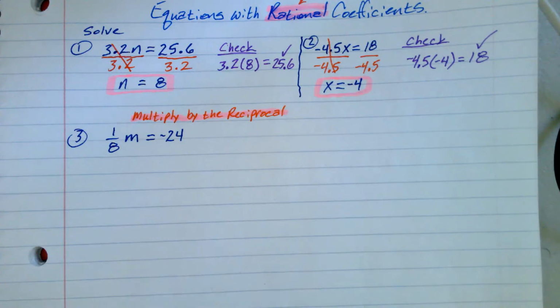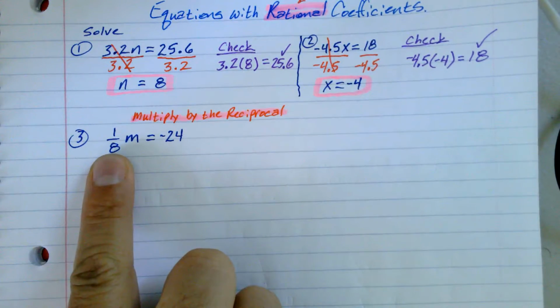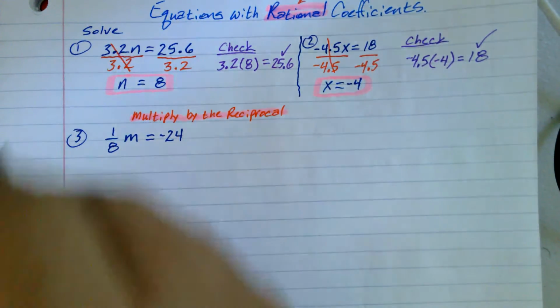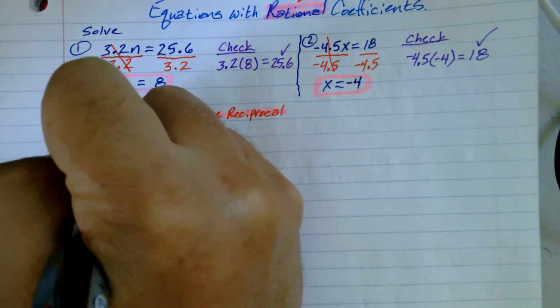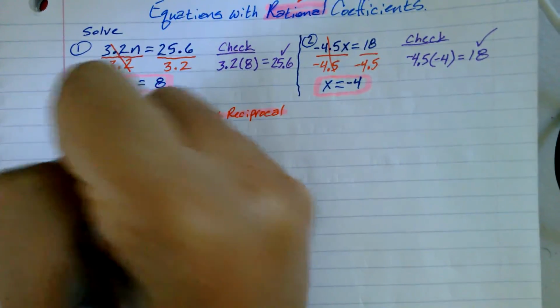Did anyone ever learn this technique? Multiply by the reciprocal? I did. Okay. Good. A few of you have. What is the reciprocal of 1/8? 8 over 1. So over here, I'm going to put 8 over 1.